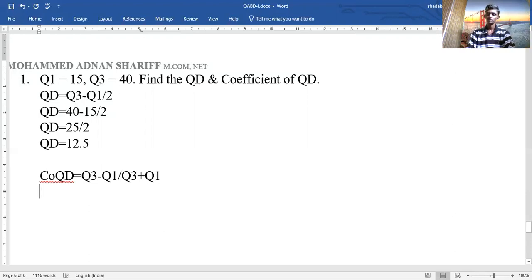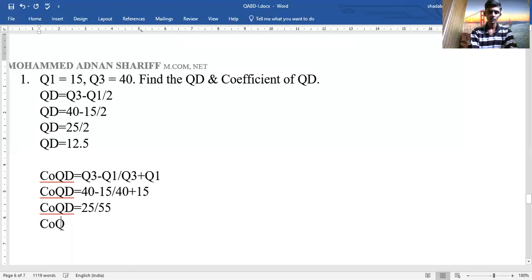So it equals 40 minus 15, 25, divided by 40 plus 15, which is 55.